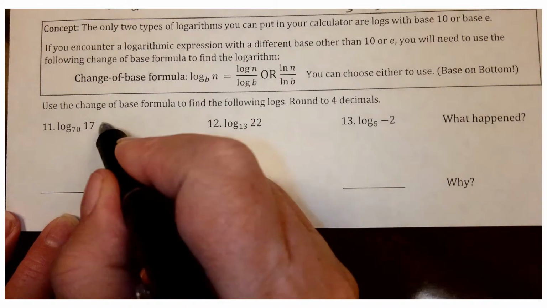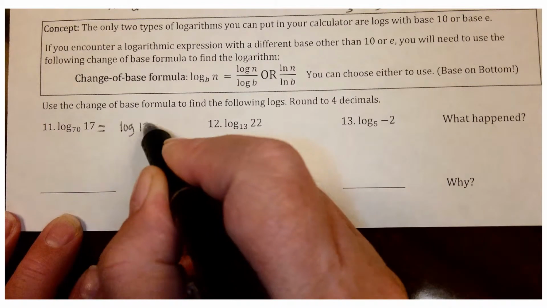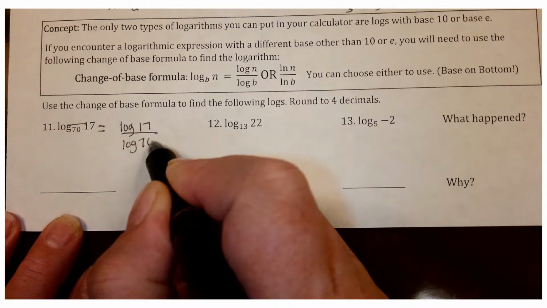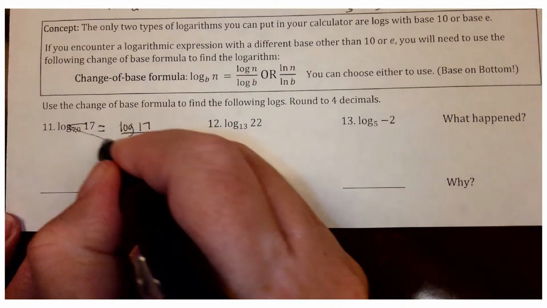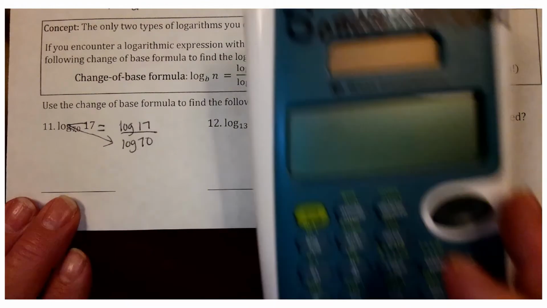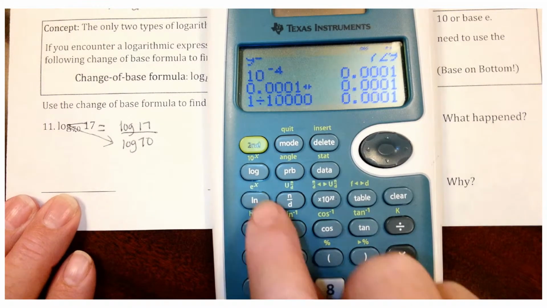So how do I change this one? I'm going to change it to log of 17 over log of 70, so I go straight across, base on the bottom. Then in the calculator, you would just make sure that you put this in with a divide.